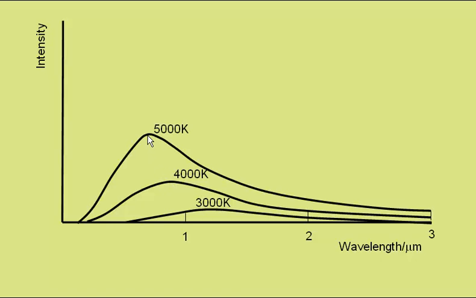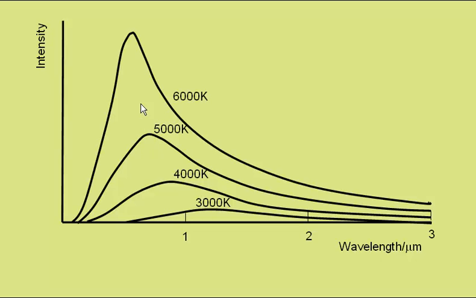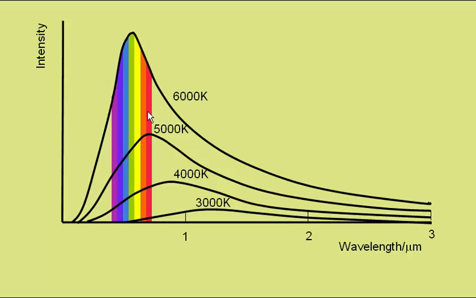The trend continues with 5000 Kelvin peaking at a shorter wavelength still, and finally the 6000 Kelvin line, which peaks here. Adding the visible part of the electromagnetic spectrum, just for clarity, you'll see this equates to roughly the temperature of our Sun, which appears yellow.